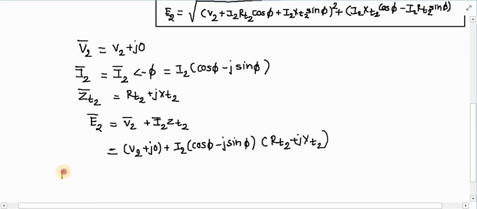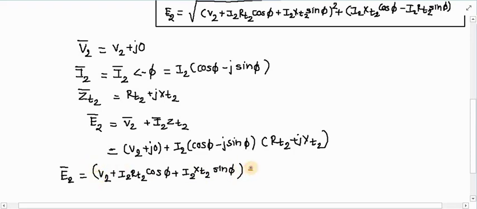If we simplify this, what will I get? My E2 is nothing but equal to V2 plus I2 RT2 cos of phi, this multiplied by this, plus I2 XT2 sine of phi, real term, plus j into I2 XT2 cos of phi minus I2 RT2 sine of phi.